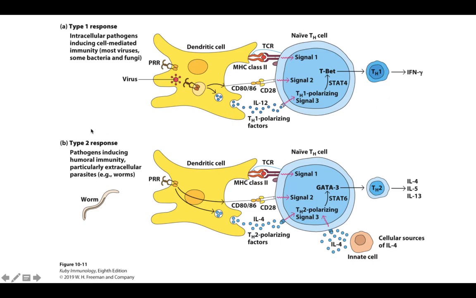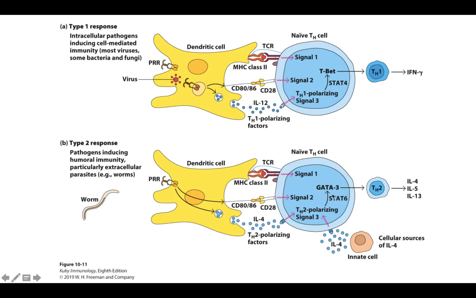If the conditions are more of a type 2 response, meaning you need humoral immunity, so this is also important for pushing towards antibody responses and extracellular pathogens such as worms, you have an antigen presenting cell giving signal 1 and 2 to this T cell, and the types of cytokines are Th2 polarizing factors such as IL-4, which give this T cell a signal to make the transcription factor GATA3.